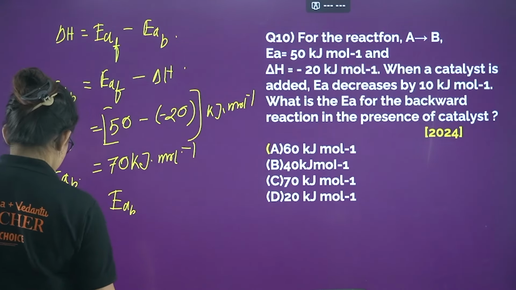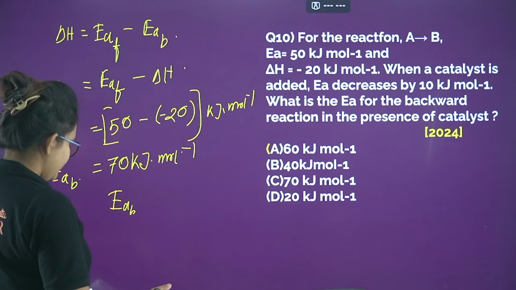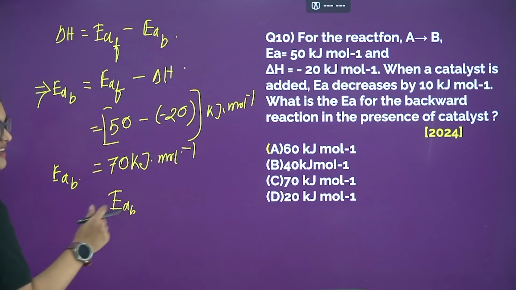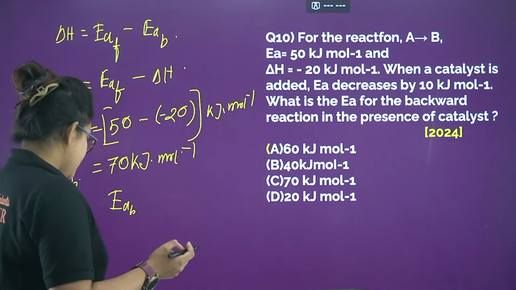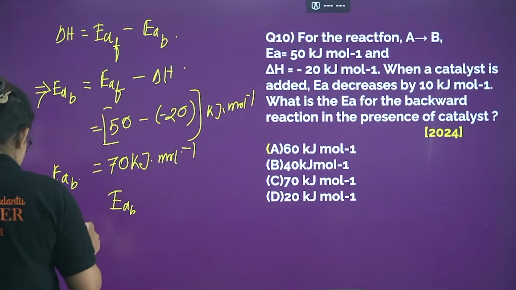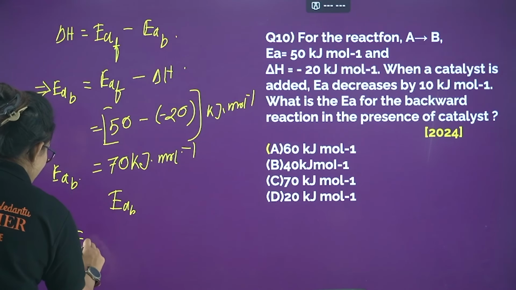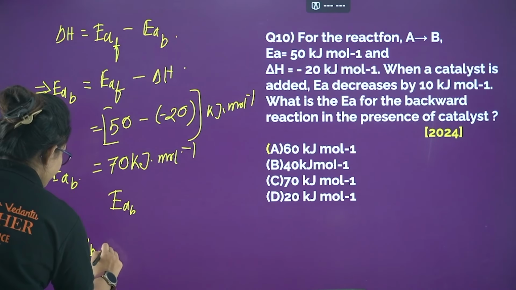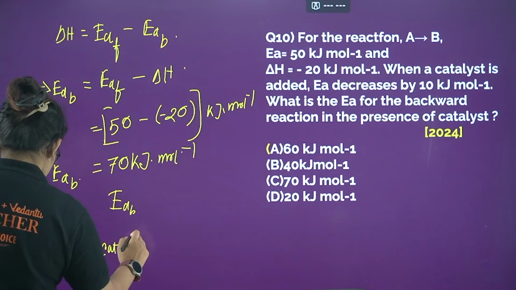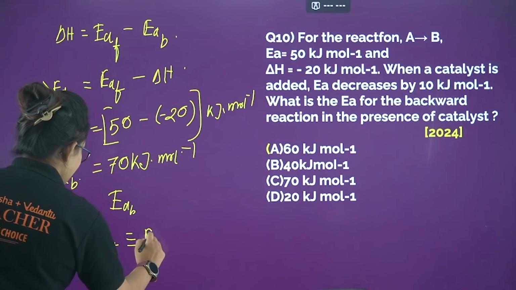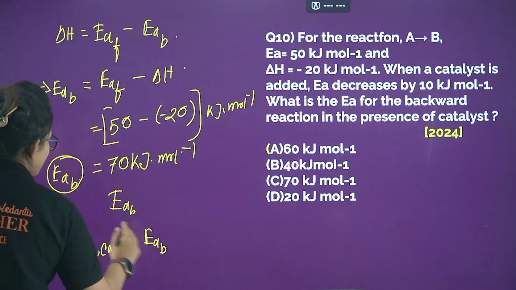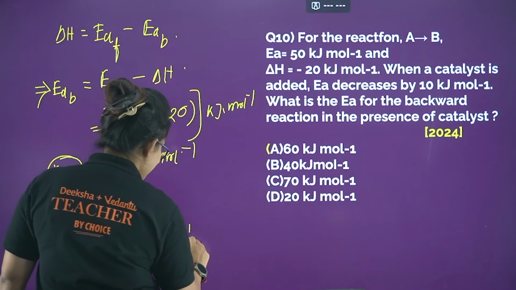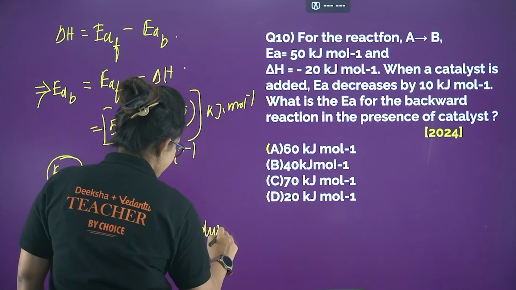Now Ea backward should be reduced because you are adding some sort of catalyst here, right? So if I find out EaB in presence of catalyst, definitely it should be the original EaB value minus the decrease due to presence of catalyst.